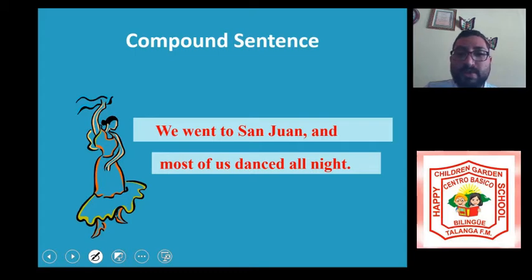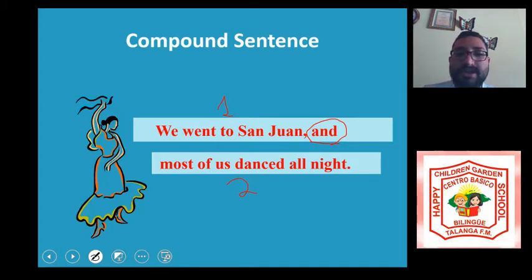So: we went to San Juan, and most of us danced. We can see we have one sentence over here, we went to San Juan, and another sentence over here, most of us dance. What is joining them? That is the important part, okay? Remember to look for the thing that joins them.